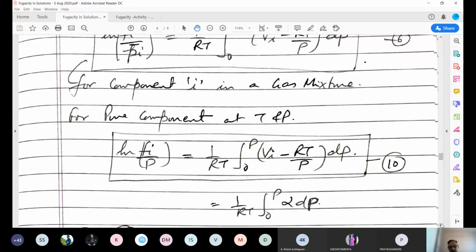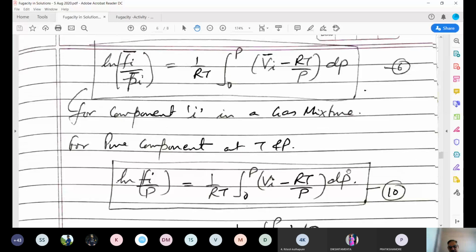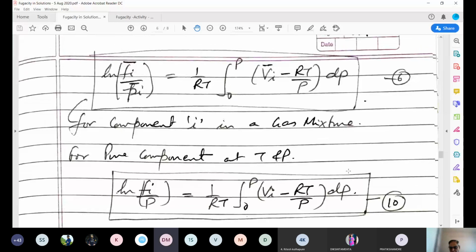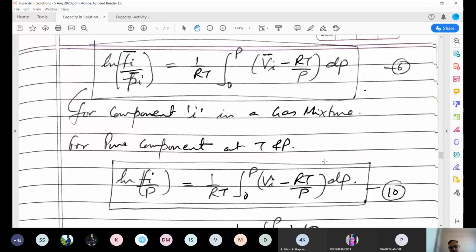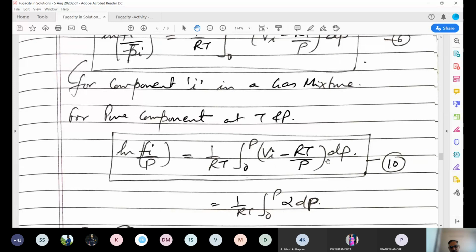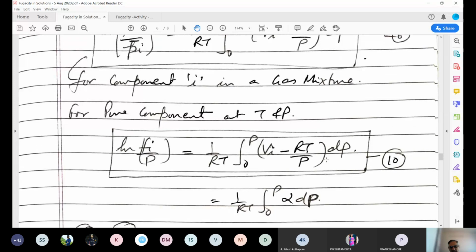Okay? And this we have seen. What is Vi minus RT by P? Zero? I'm not saying it is an ideal gas. I said pure component, real gas.